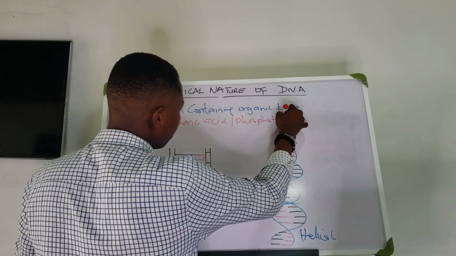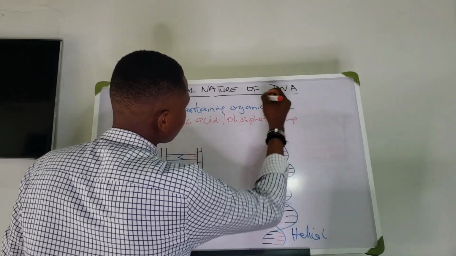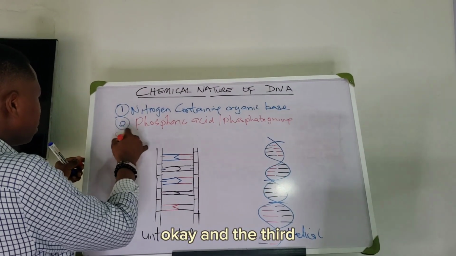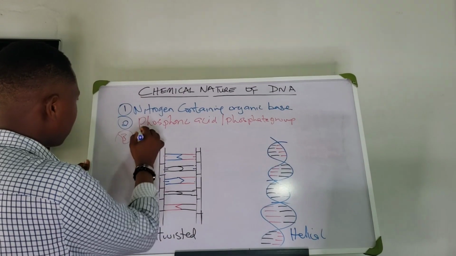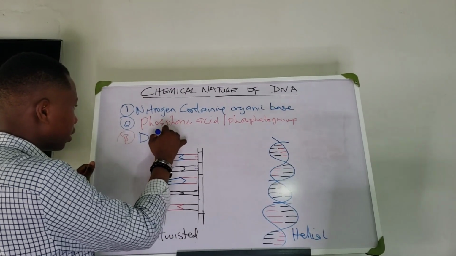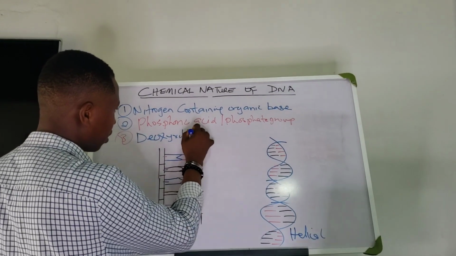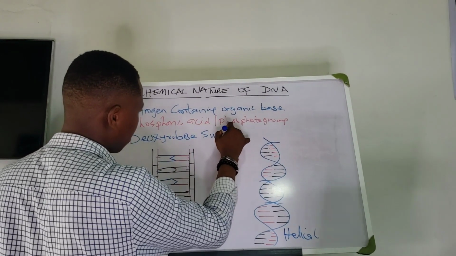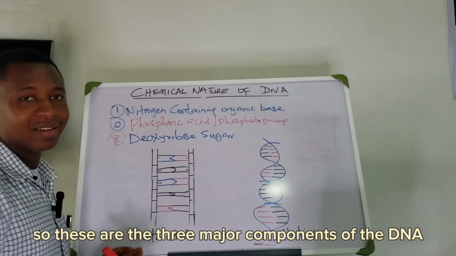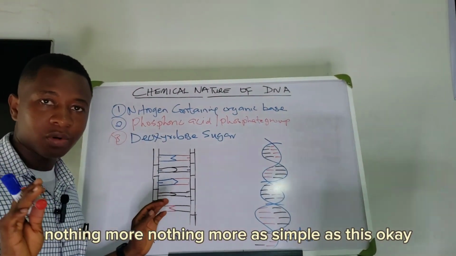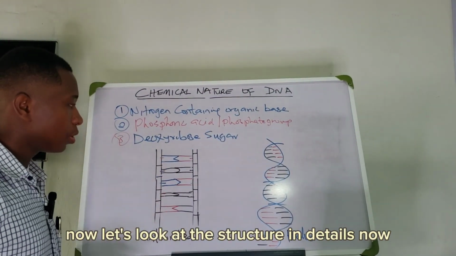Phosphate group. Okay, and the third is the ribose sugar. Now this type of sugar is the deoxyribose sugar. So these are the three major components of the DNA, nothing more, as simple as this. Okay, now let's look at the structure in detail.